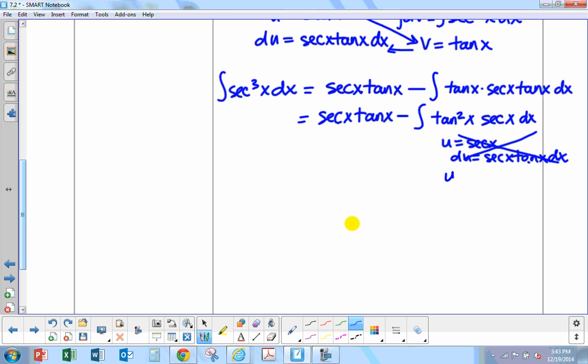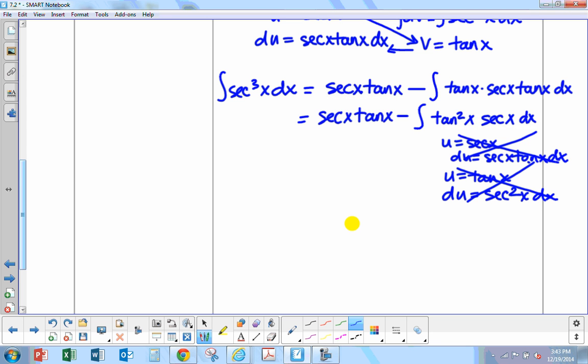Well, maybe I let u just be one of the tangents, tangent of x, because if I let it be tangent squared, that derivative is going to be really ugly, and I don't see it there. But du, if it's tangent, is secant squared x dx, and I don't see that either. I don't have enough of them. I just have one secant. So u sub there didn't work.